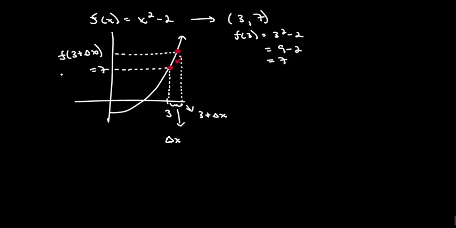And of course that guy has a height value of f evaluated at 3 plus delta x. It's just that x value plugged into the function. That's how you get the height out. And so this purple line is going to be my secant line. As we take the limit as delta x goes to 0, it'll become the equation for the tangent line.